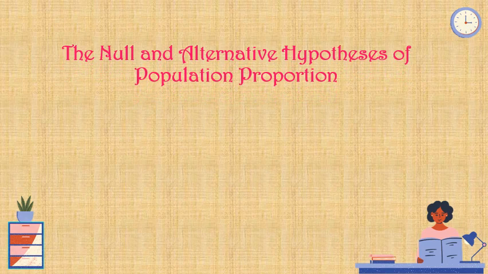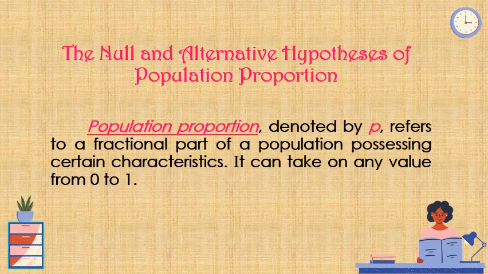Next, the null and alternative hypothesis of population proportion. Population proportion, denoted by P, refers to a fractional part of a population possessing certain characteristics. It can take on any value from 0 to 1.